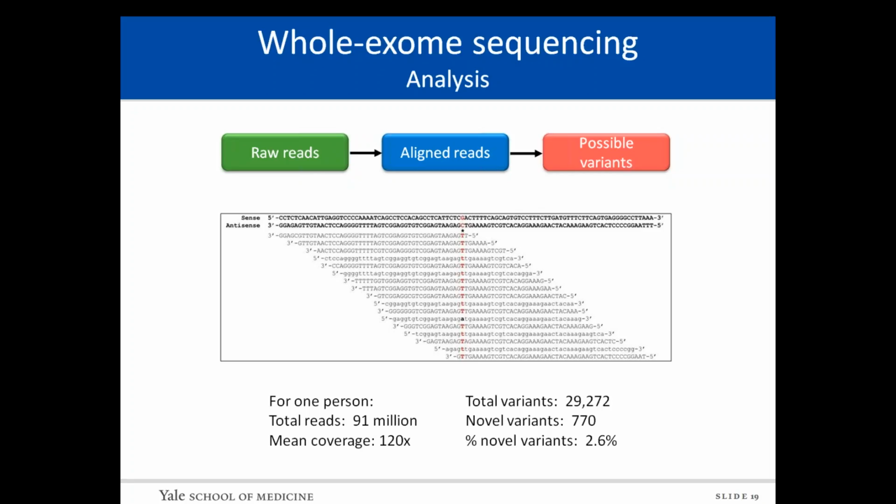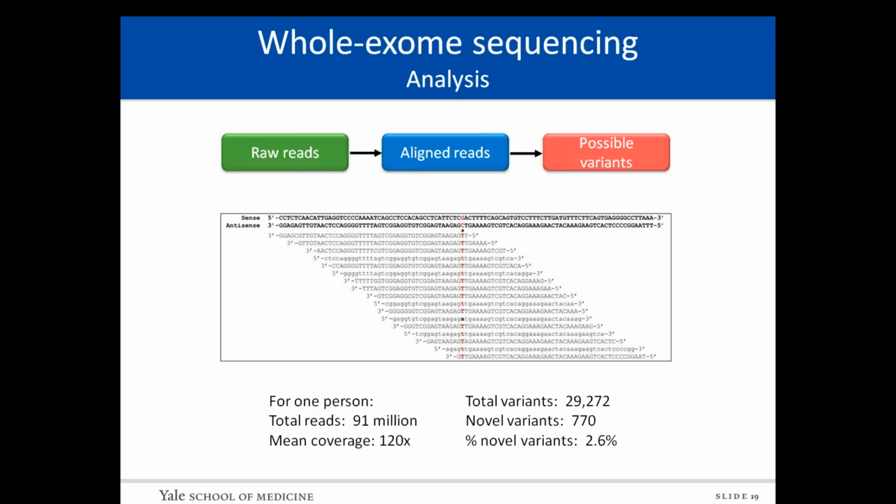So what to do next is some smart filtering to see which of these, or most of these variants, are going to be benign. Some of them, maybe just one of them, might be associated with autism. Even if we look at, for example, just novel variants, that's still up to 800 or so. So we do filtering by, for example, is the mutation we're finding at a conserved site in the genome?